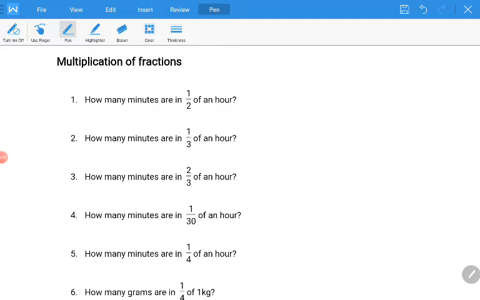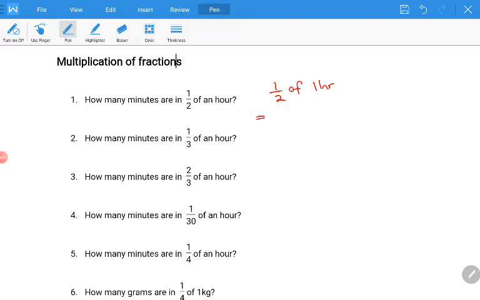So to solve this one, mathematically it's 1 over 2 of 1 hour. So in fractions, of is the same as multiplication.